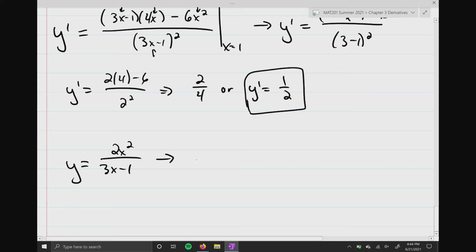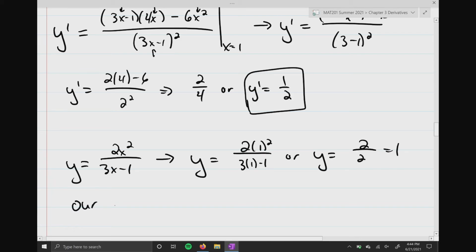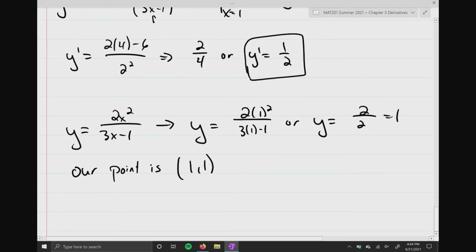So our point is going to be y equals 2 times 1 squared over 3 times 1 minus 1, or y equals 2 over 2, because 3 times 1 is 3 minus 1 is 2. So y equals 1. Our point, therefore, is 1, 1.